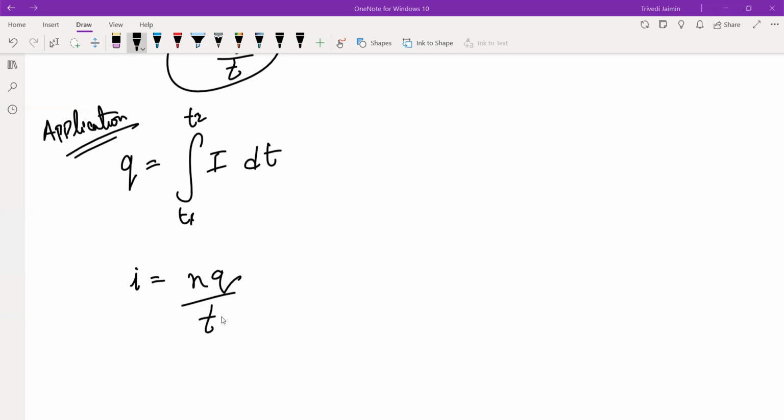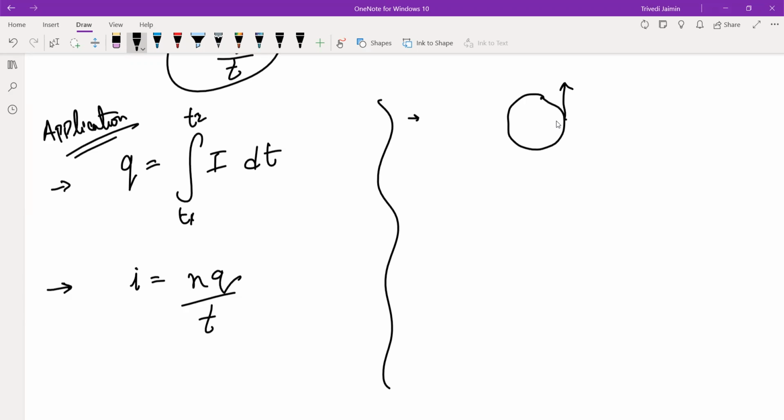Now suppose a charge is moving in a circular path with velocity v, r is the radius, and this is your axis of rotation.